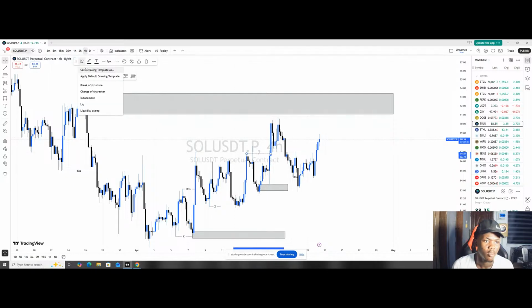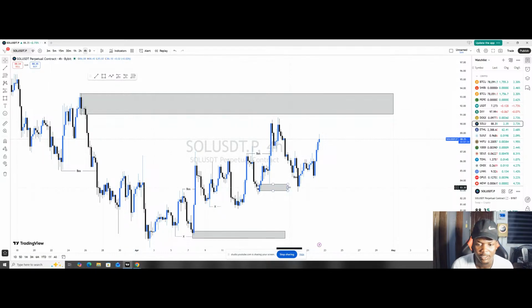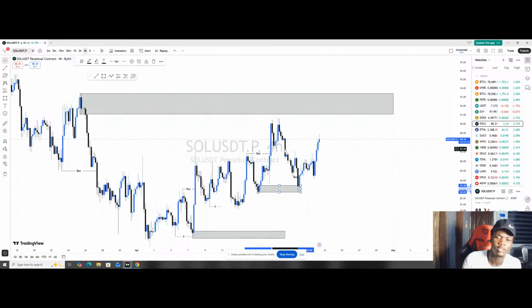Okay, so we have our break of structure. As you guys can see, market is reacting from this order block. Market is reacting from this point, and we are looking at Solana to at least go back up to this level of resistance or this other break of structure at this point.